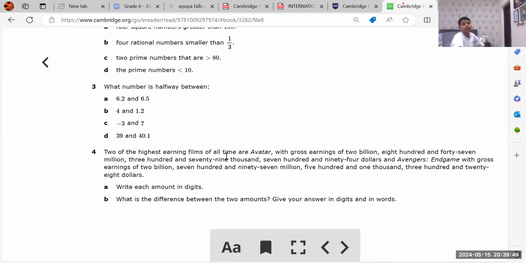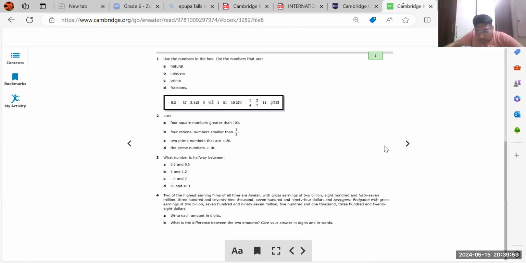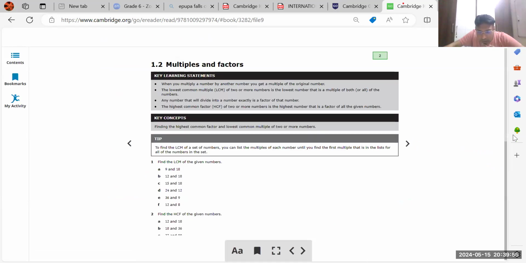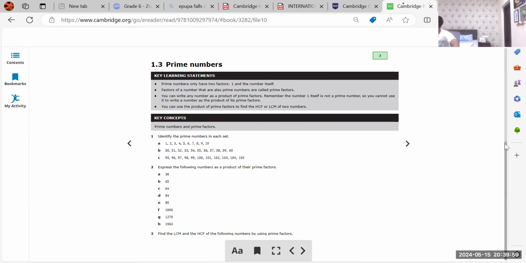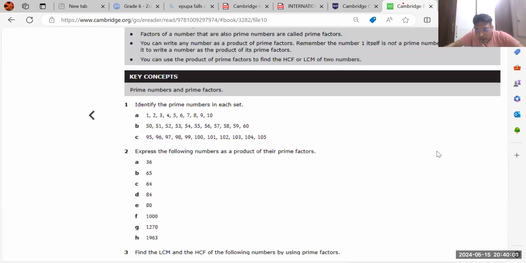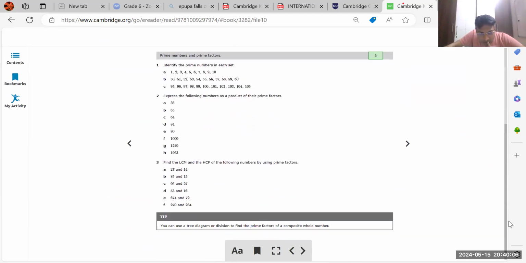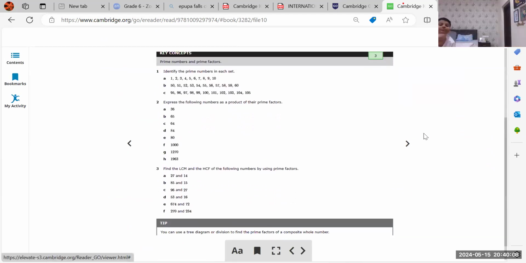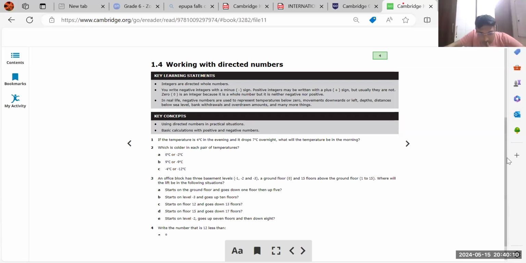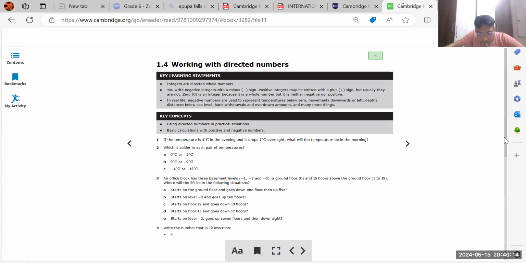How many dollars can you write, Tanish? You said you can write till billions. So how many dollars can you write? Why beta? You must know. Sir, quadrillion.